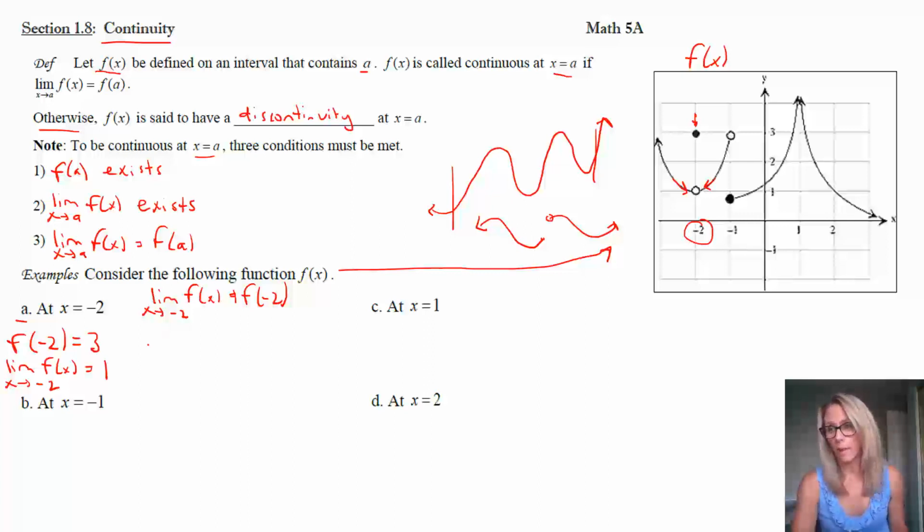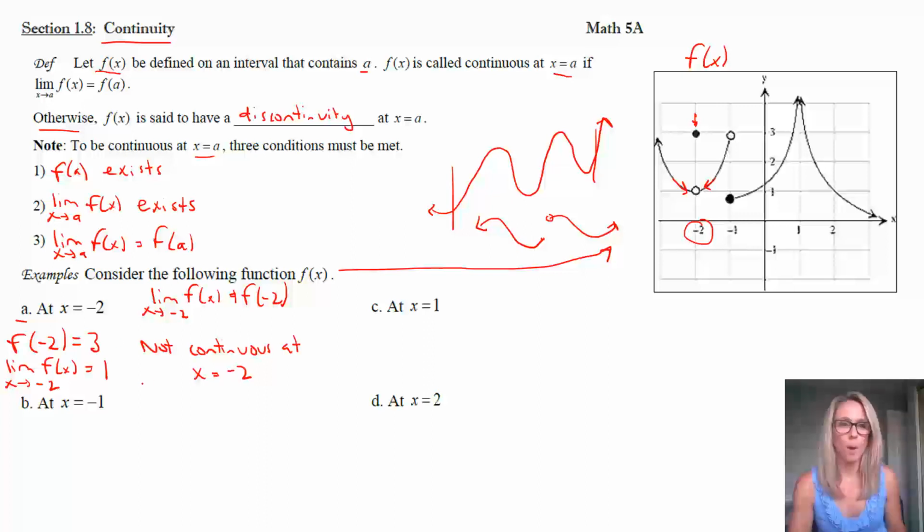And because of that, we are not continuous at x equals -2. So what would be a really good idea at this point would be to try to do the other 3. Follow along to each condition, see if you have it or not, and make your decision. You might have values that are not perfect, an estimate, it's no problem.